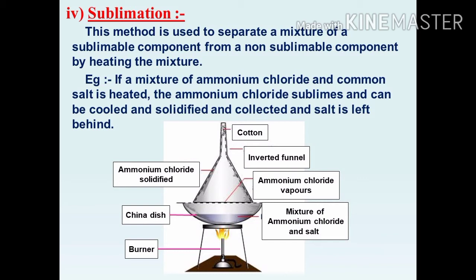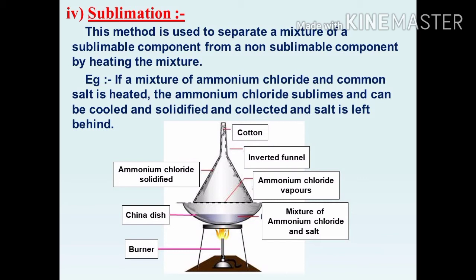This method is used to separate the mixture of a sublimable component from a non-sublimable component by heating the mixture. For example, if a mixture of ammonium chloride is heated, here one word they gave, that is known as a sublimable component. What is a sublimable component?